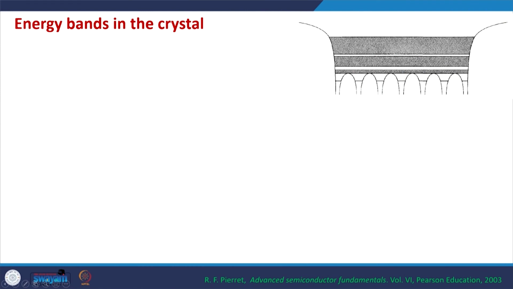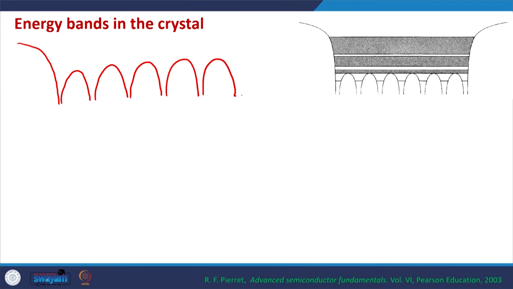This is by no means an actual plot, but this is how the bands look in a solid. As we have already seen, the potential profile in a solid looks something like this.